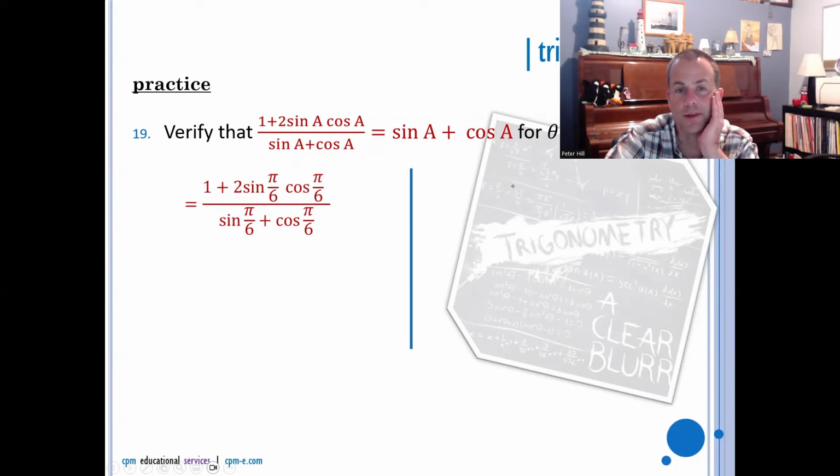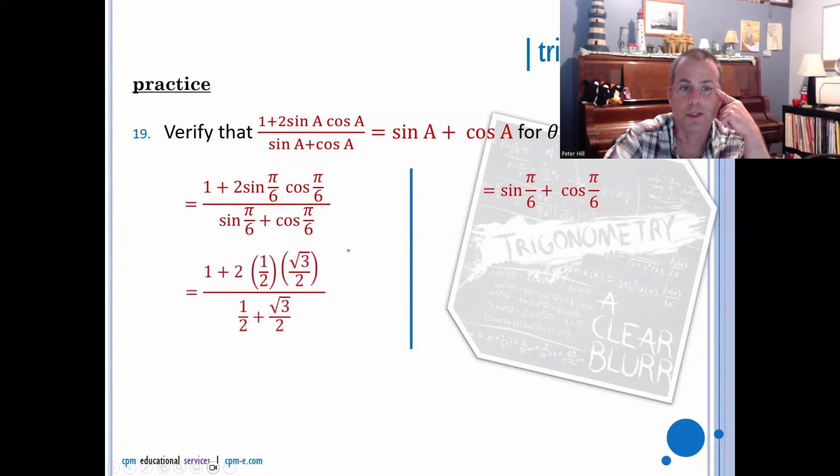And then on the other side, you'll just say sine of pi over 6 plus cos of pi over 6. I've got to figure out what sine of pi over 6 is. I can use my unit circle to help me. That's going to be 1/2. Cos of pi over 6 is root 3 over 2. So every time I see sine of pi over 6, I'm replacing that with 1/2. Every time I see cos of pi over 6, I'm replacing that with root 3 over 2.